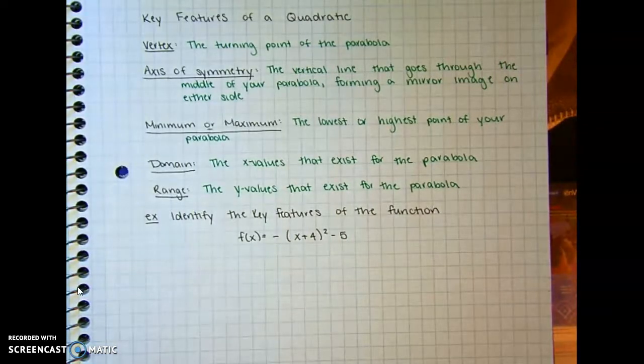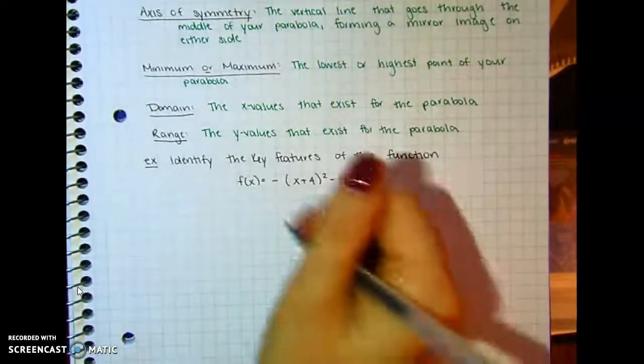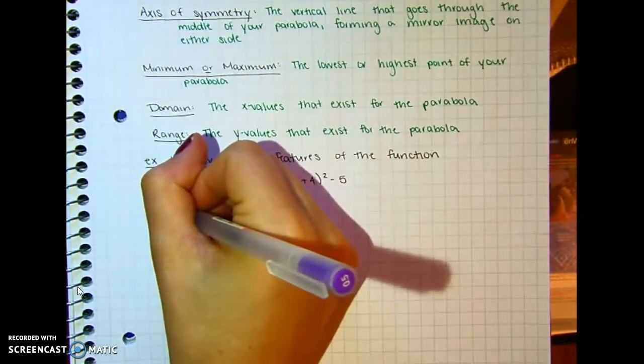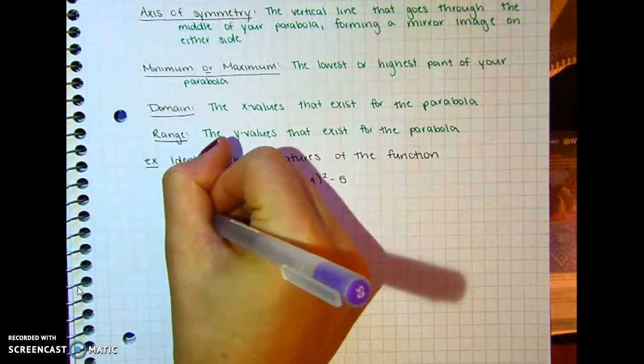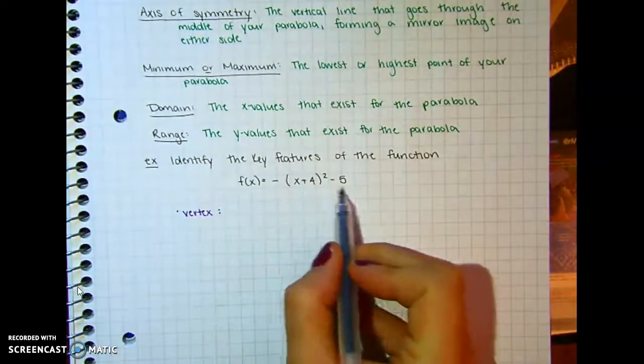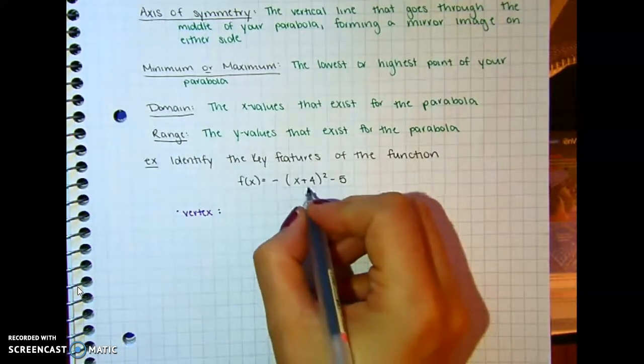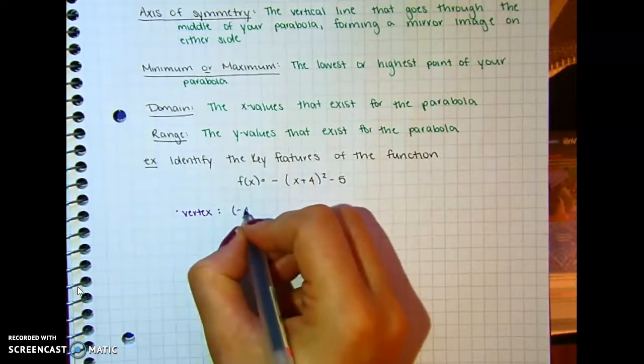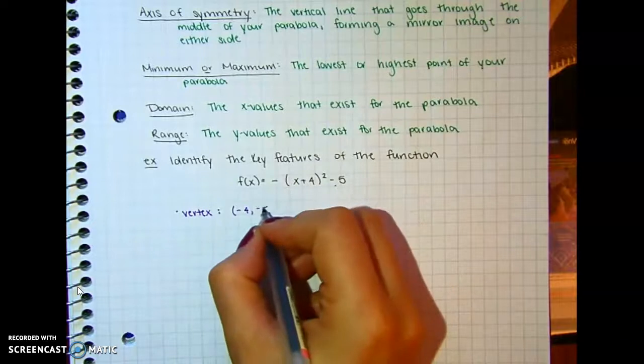So the vertex is going to be h comma k, so that's going to be negative 4 comma negative 5.